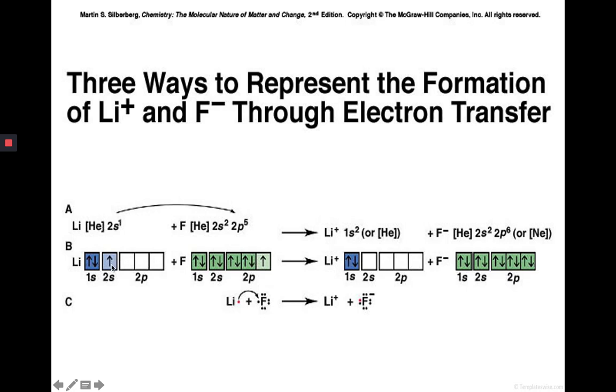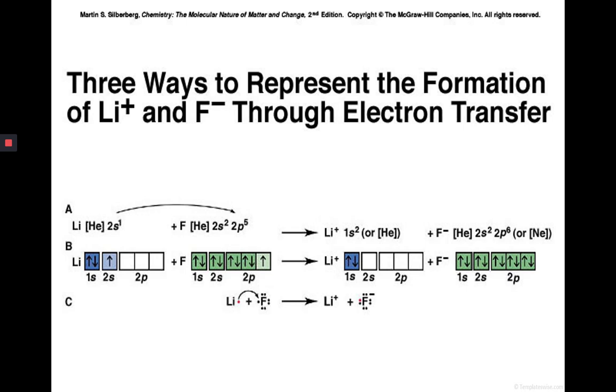The 2s1 electron transfers here such that the fluoride ion will be formed, and in so doing, the fluorine atom has a full octet, or a full orbital. If you complete this, then you have eight electrons in the outermost shell, or it follows the configuration of neon. So this is just relating electron configuration and orbital diagrams to ionic bond formation.